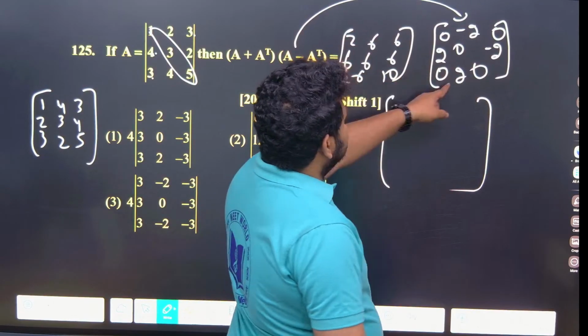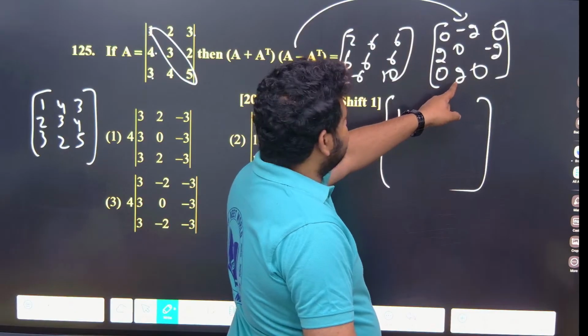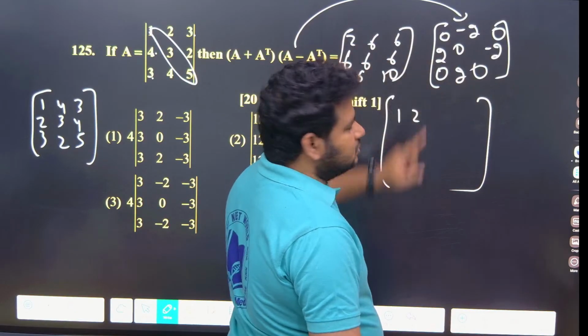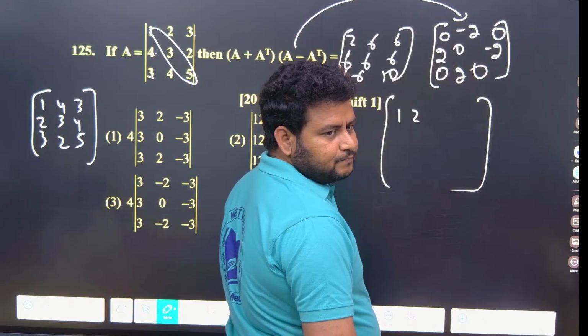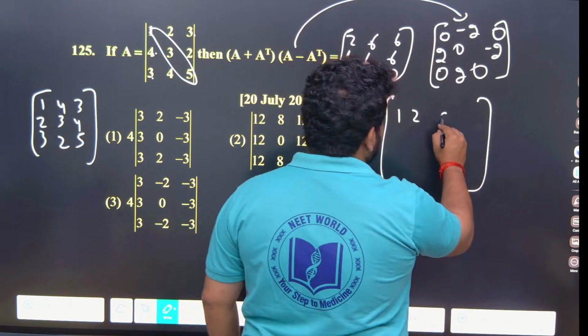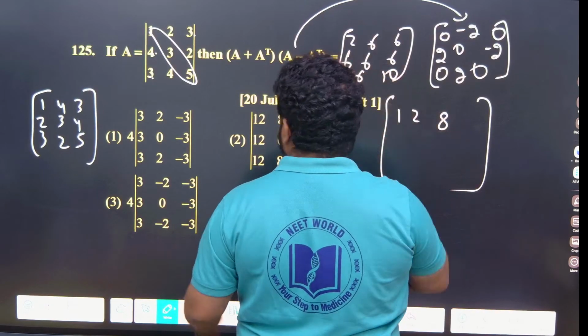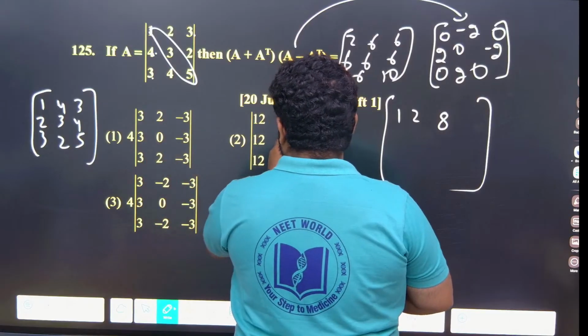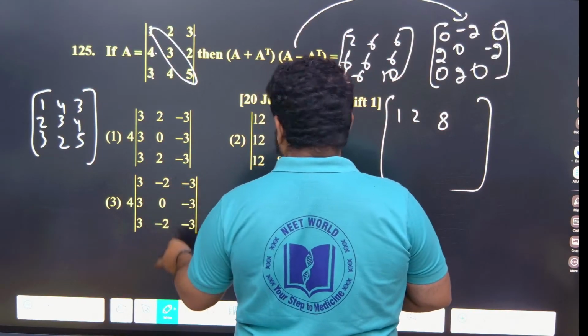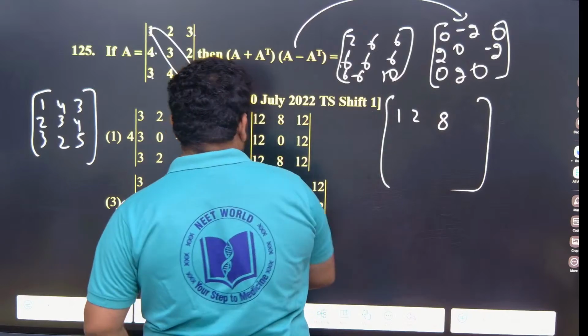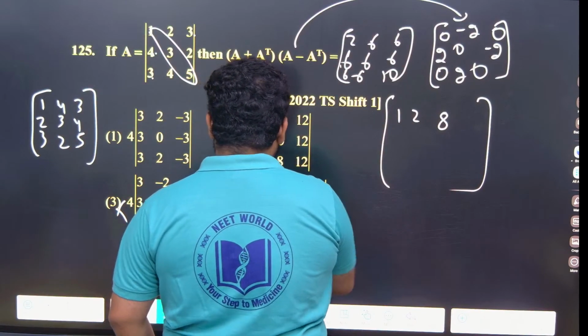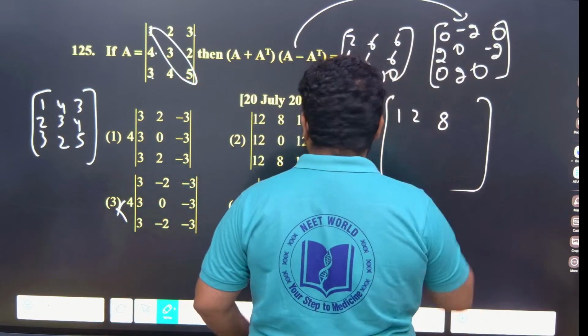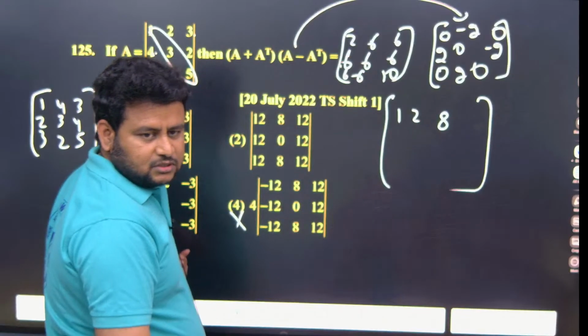So 12 minus 4 is 8. So here I should write 8. Then 4 2s are 8. 4 2s are minus 8 is there. So this option is not possible. So the third option won't be possible.